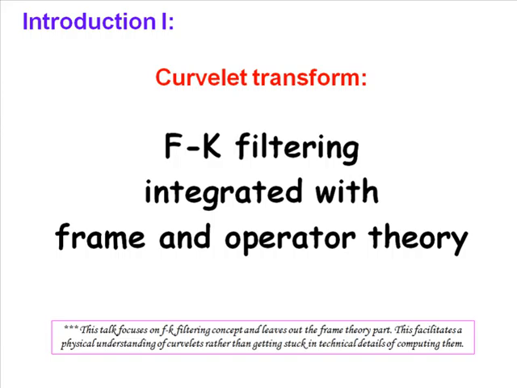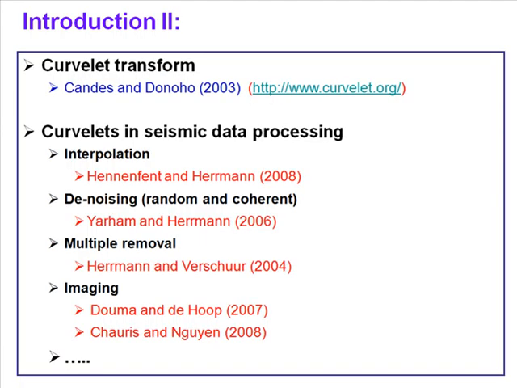I'm just going to focus on the FK filtering part and show how I gained this understanding, that curvelets can be considered FK filtering. This makes the talk easier to understand, and we can gain the physical understanding that I want from this talk.